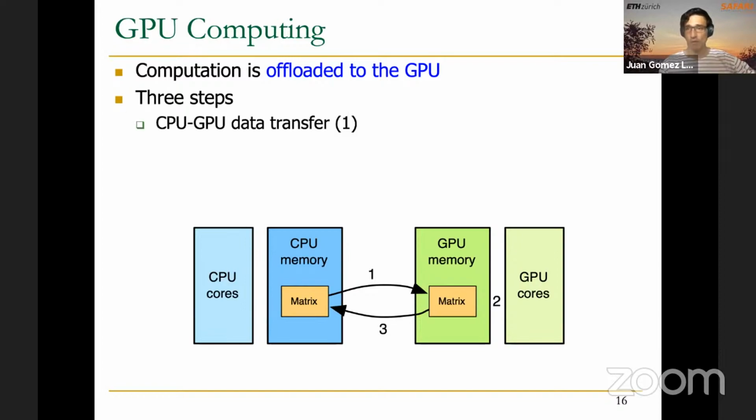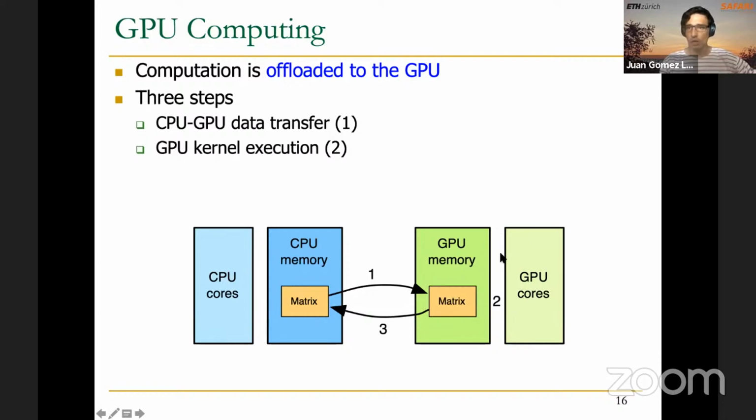In the first one, we have to transfer data from the CPU memory to the GPU memory. For example, we are going to operate on this matrix here. Recall that CPU memory and GPU memory are connected via some bus like PCI Express, and that's the first step. We copy input data from the CPU memory to the GPU memory. Then we start what we call the kernel execution, which is the execution of a program or function called a kernel on the GPU cores.